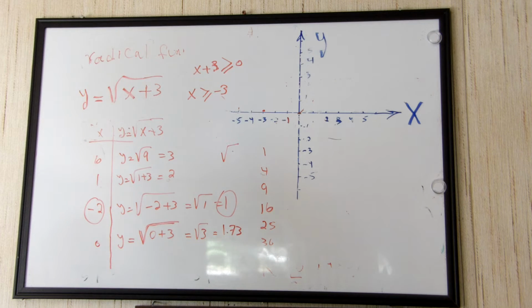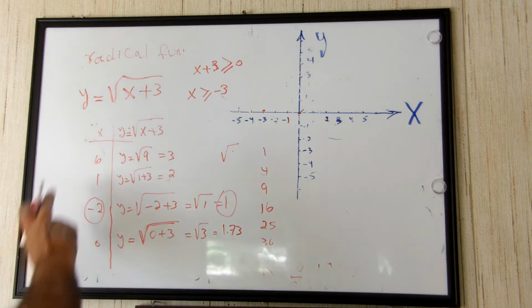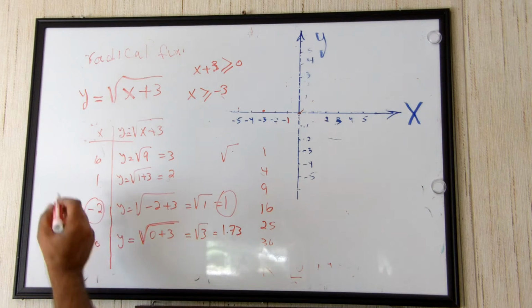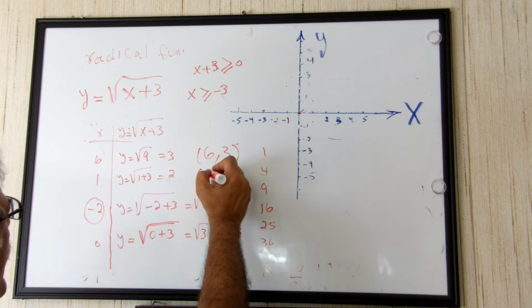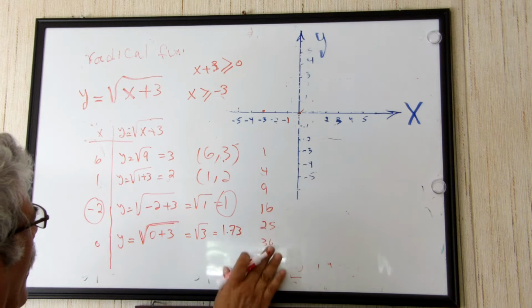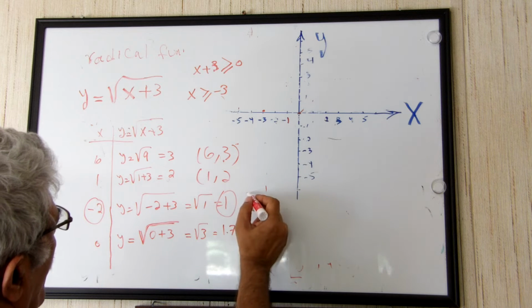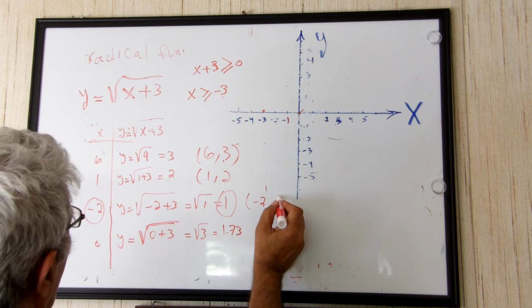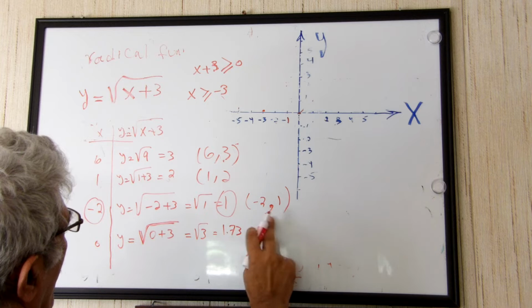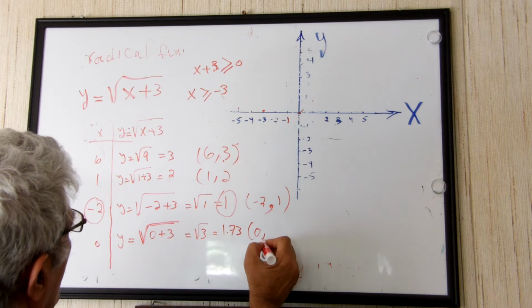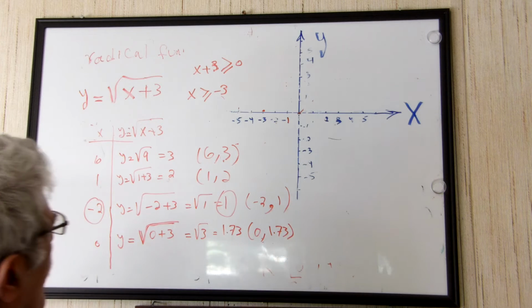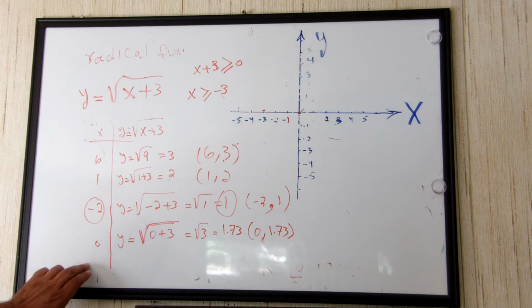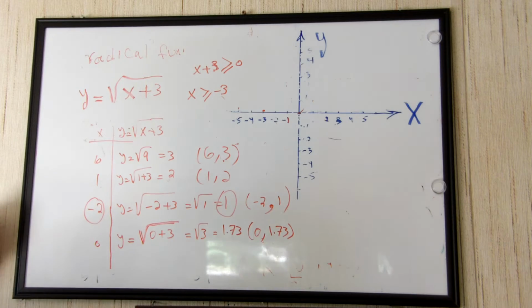So let's draw this graph. We got 4 points: 1, 2, 3, 4 points. This one is 6 and 3, 1 and 2, minus 2 and 1, and 0 and 1.73. Then we get the value for x, we find y, now we graph it.